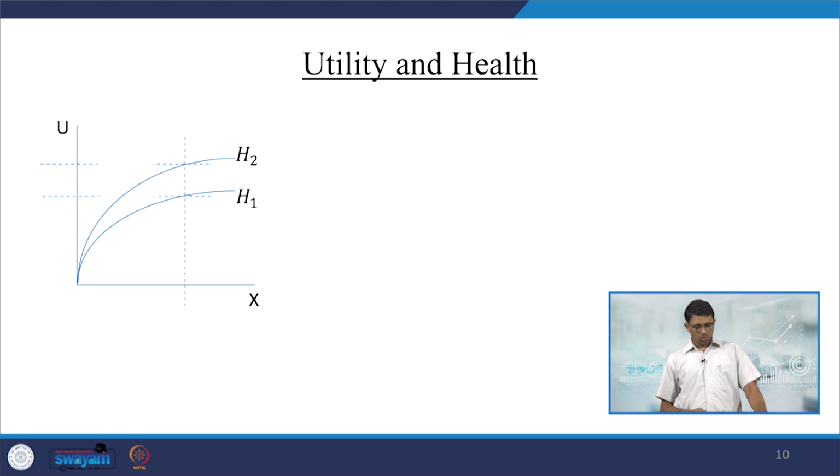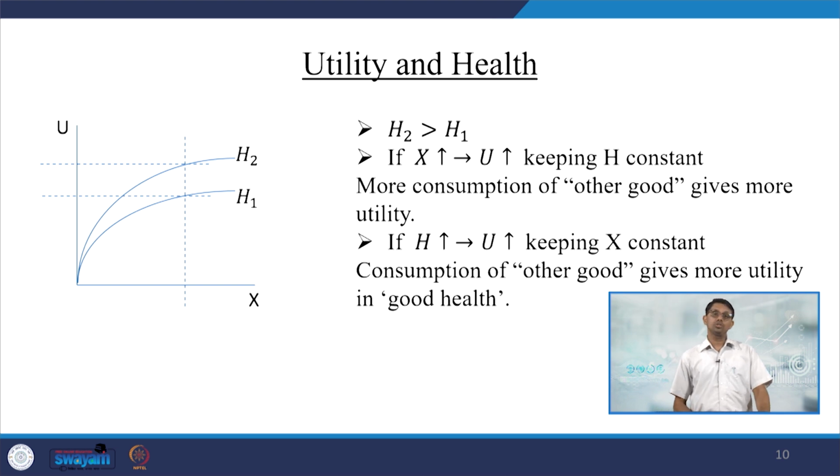Now, let us talk about the utility function in healthcare. Here the health function is presented with different sets of other goods consumption. With the rise in consumption, the function is considered to be different and upward sloping, u as a function of x.